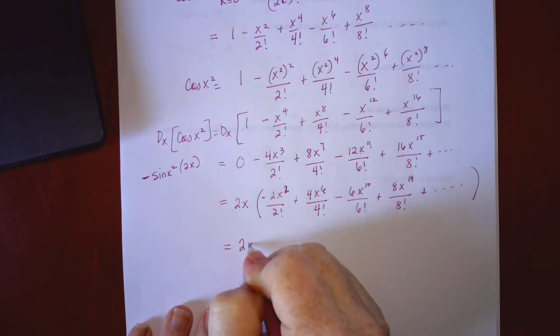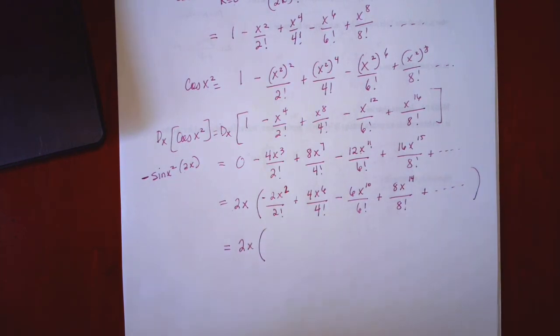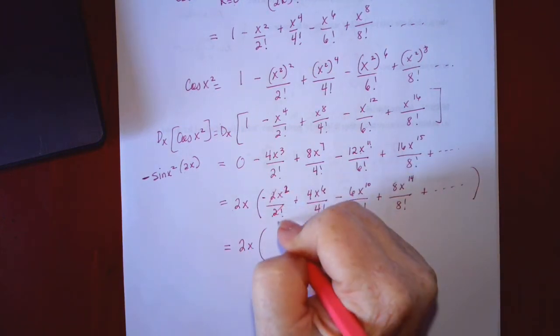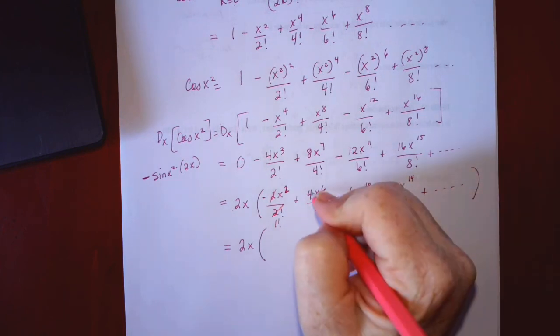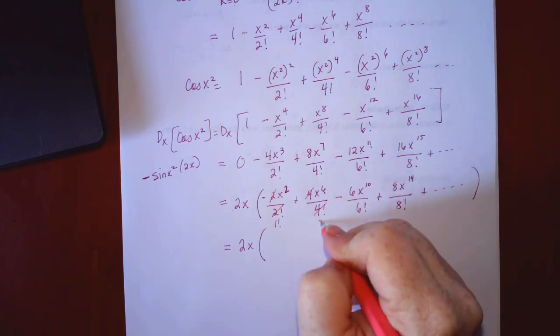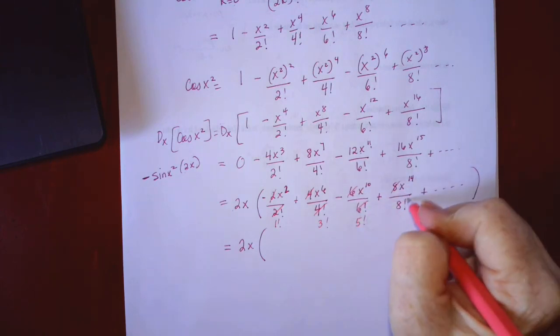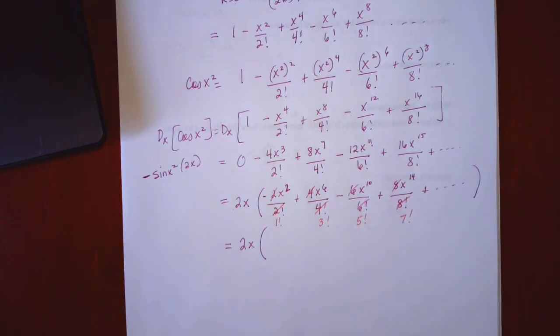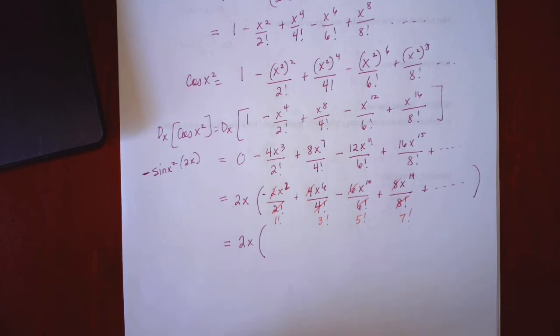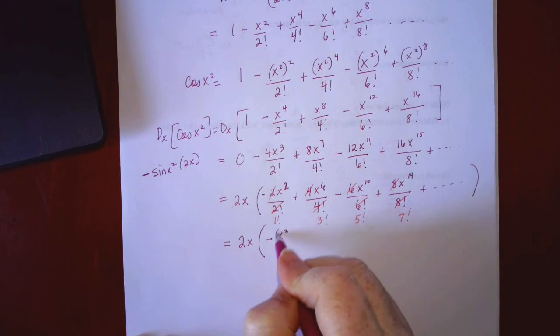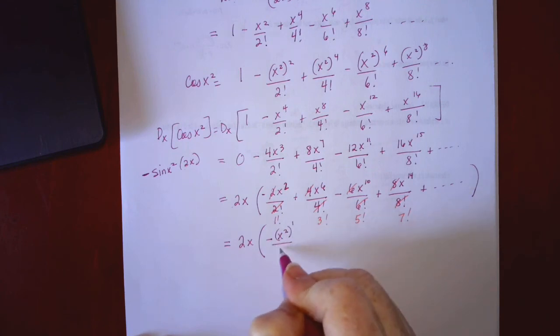So we have a 2x times... Anything cancel? Well, yeah. 2 cancels with 2 factorial and leaves a 1 factorial. 4 cancels with 4 factorial and leaves a 3 factorial. 5 factorial, 7 factorial. So we have negative x squared to the first over 1 factorial.